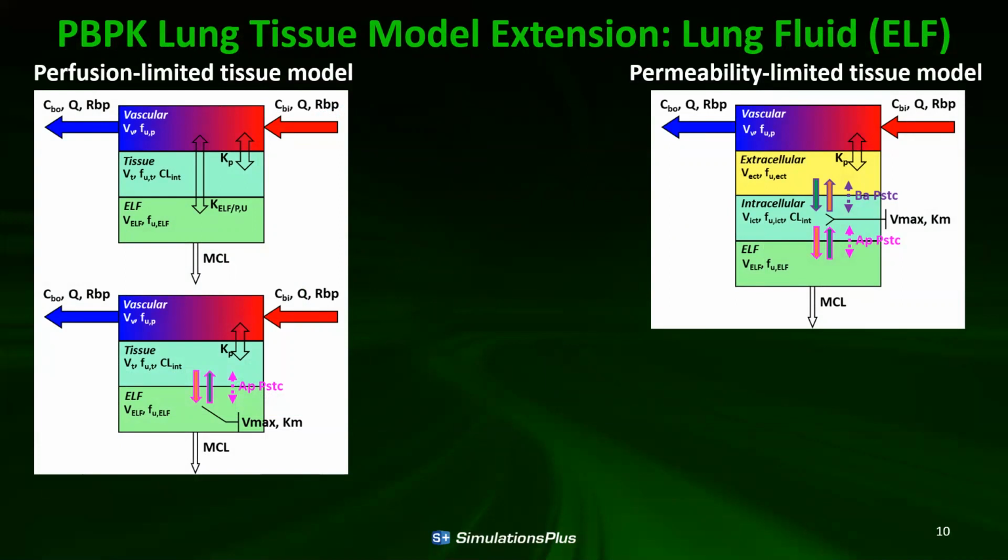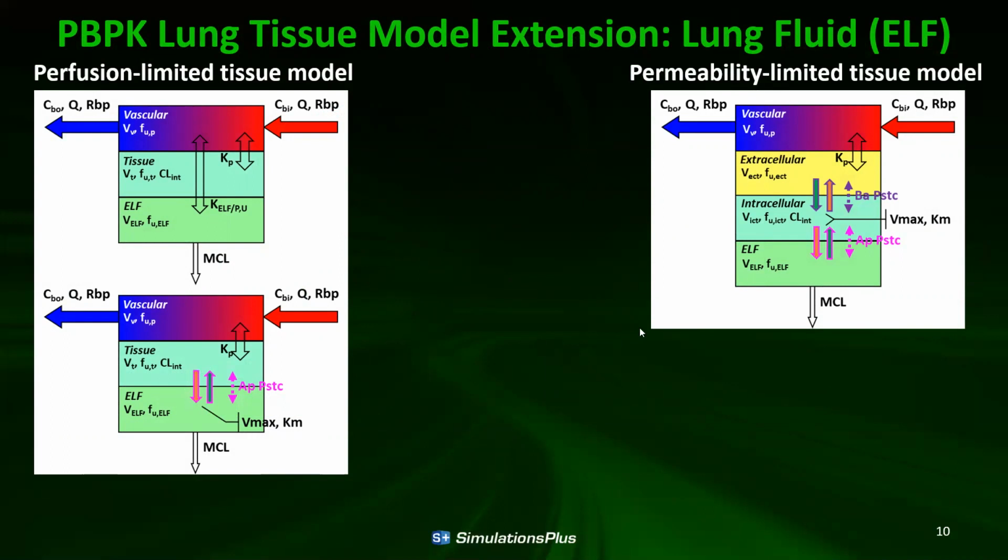So this extension involves the addition of an ELF compartment to the apical side of the lung tissue, and a compound can partition via an ELF unbound plasma partition coefficient, as we're looking at on the left-hand side here for a perfusion-limited tissue model, or it can transition as a combination of slow diffusion, through the permeability surface area product, the PSTC, or carrier-mediated transport as parameterized by Vmax and Km.